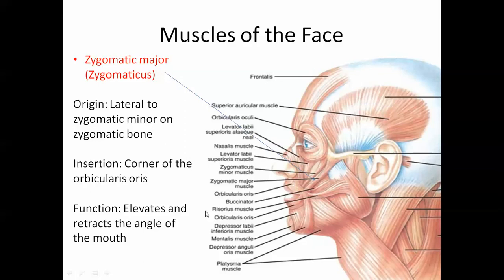Okay, so here's your zygomatic major, and just think that you remember your zygomatic bone. It's right up here. So you got to think, well, where is my zygomatic? This is actually the temporal process of the zygomatic bone. Remember learning that? And then here's the zygomatic process of the temporal bone. So it has a muscle attachment here on the zygomatic bone, and then the orbicularis oris is the other attachment.